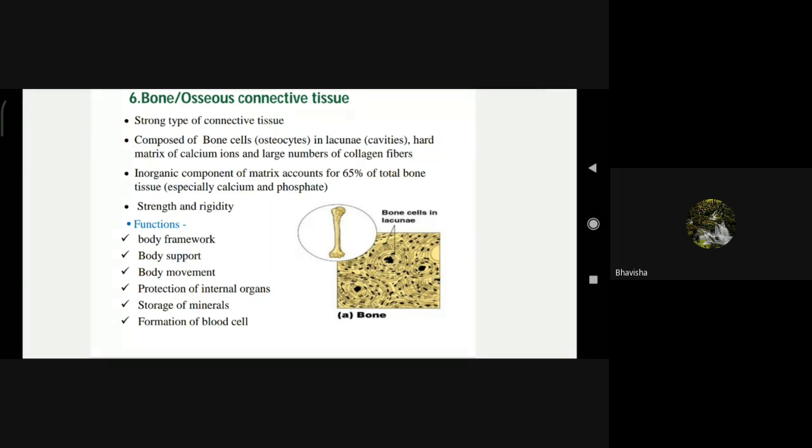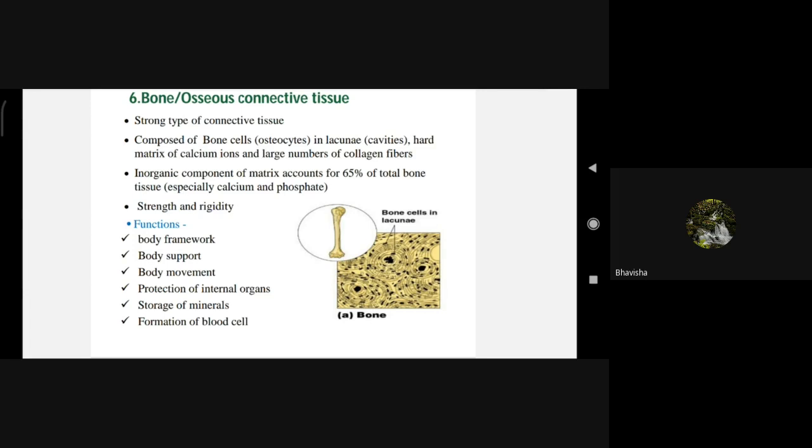Osteocytes are bone cells in lacunae, which are cavities. There is a hard matrix of calcium ions and a large number of collagen fibers. So what are the components? Bone cells, a hard matrix of calcium ions and a large number of collagen fibers.